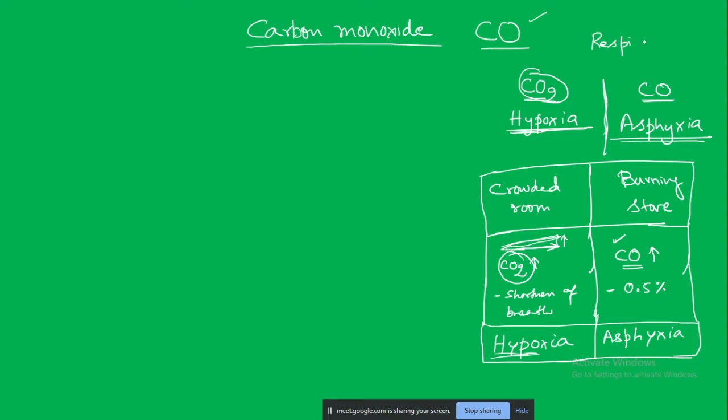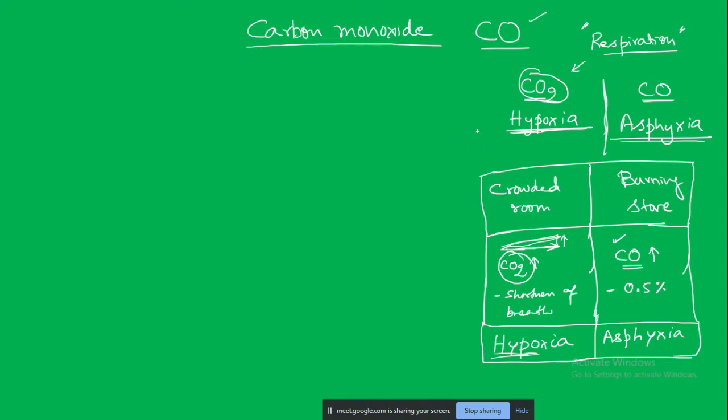In your biology you have the respiration chapter, no? In respiration, glucose in the presence of oxygen is converted into carbon dioxide and water. We won't get carbon monoxide. If there is less oxygen the reaction will not take place, but if the respiration reaction is taking place it will form only carbon dioxide and water.